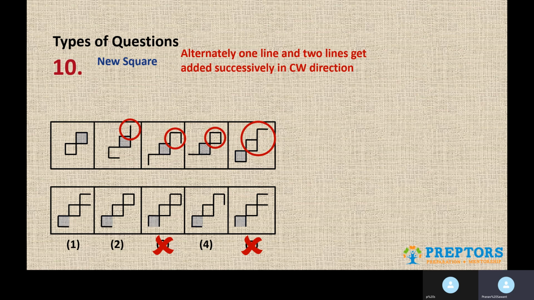Alternately, one line and two lines get added successively in clockwise direction. So this is how the lines get added, in clockwise direction. So the seventh line must be over here. Hence, option 4 is the answer because only option 4 has the seventh line at its place. Hence, option 4 is the correct answer.